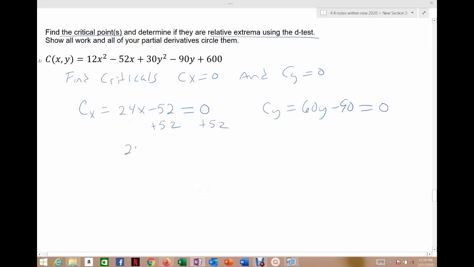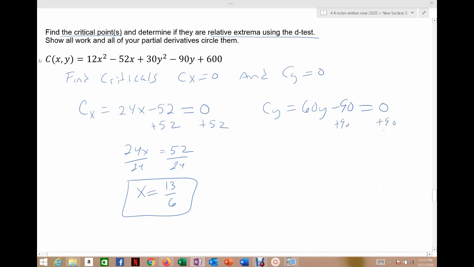So 24x equals 52, divide by 24. Don't leave it as 52 over 24. Also, don't give me a decimal approximation. You have a fraction key on your calculator. Give me exactly what the x value is. So reduce it and give me that it's exactly 13 over 6. Then do the same thing for y.